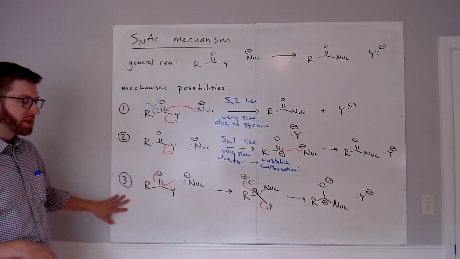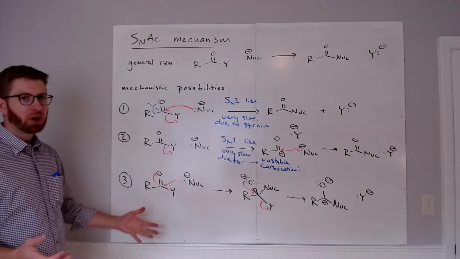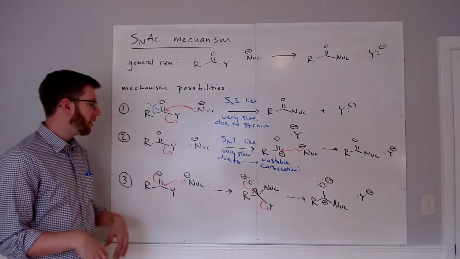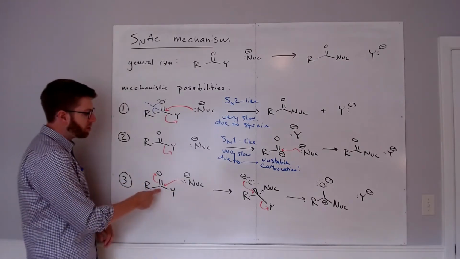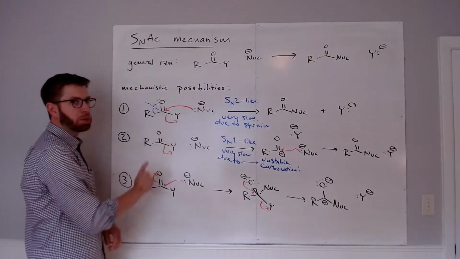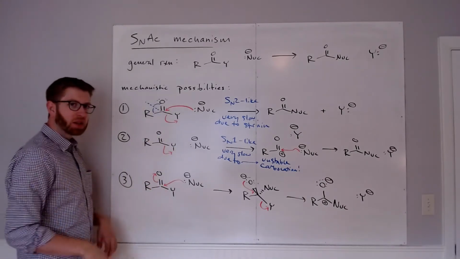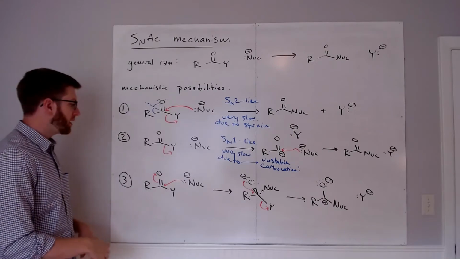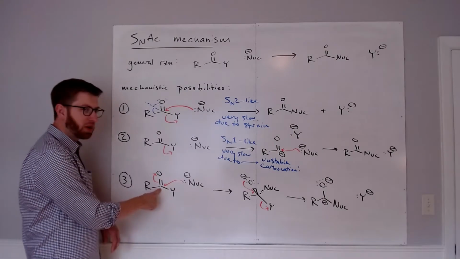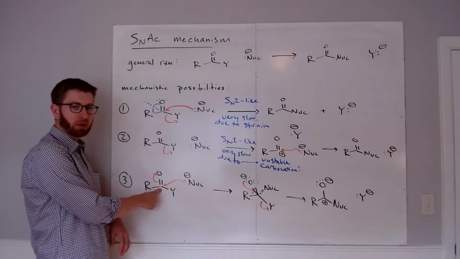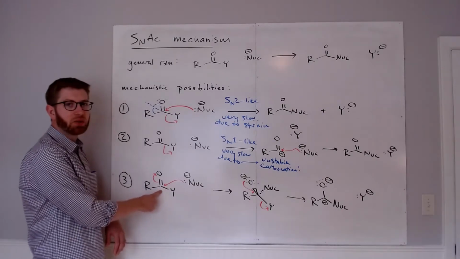Let's look at our third example. So here we have no carbocations to worry about, so that issue's out. The nucleophile is actually approaching this carbon not to directly displace the Y group, but to break the CO pi bond. And what that means is that the CO pi bond, and specifically this carbon, is trigonal planar, right? We established that back in the first video of Unit 4.